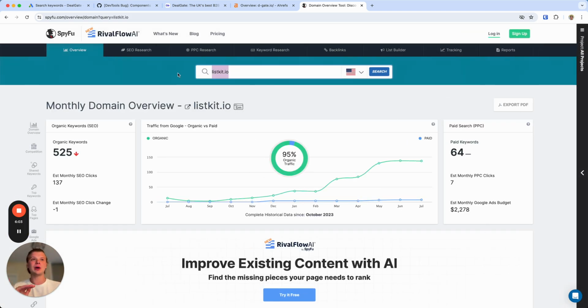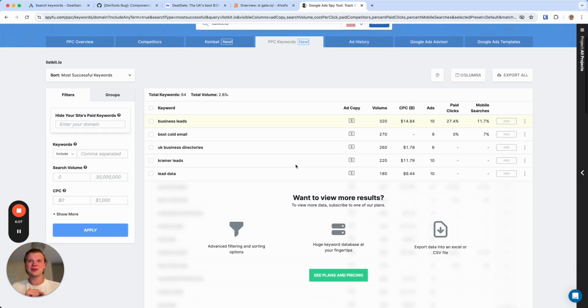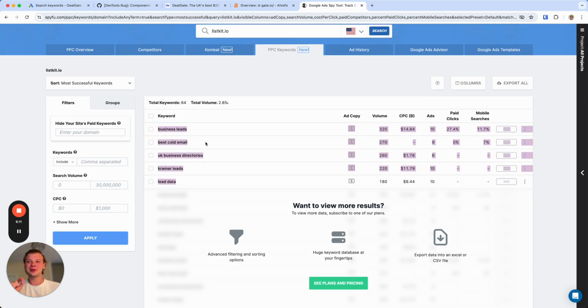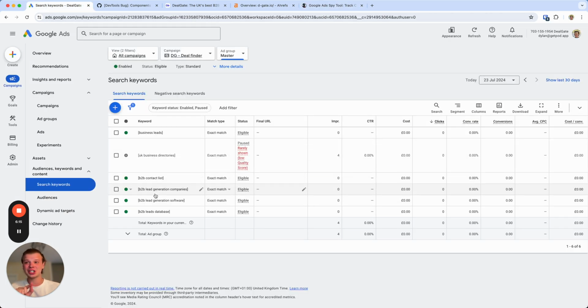You can type in any website and you can go ahead and see their paid keywords, and it will show you the keywords that your competitors are bidding on. So what you can do is you can just copy these and paste them as exact match keywords into Google Ads and just use your competitors' keywords, because if your competitor's using the keywords, then chances are they're probably making money off of them.